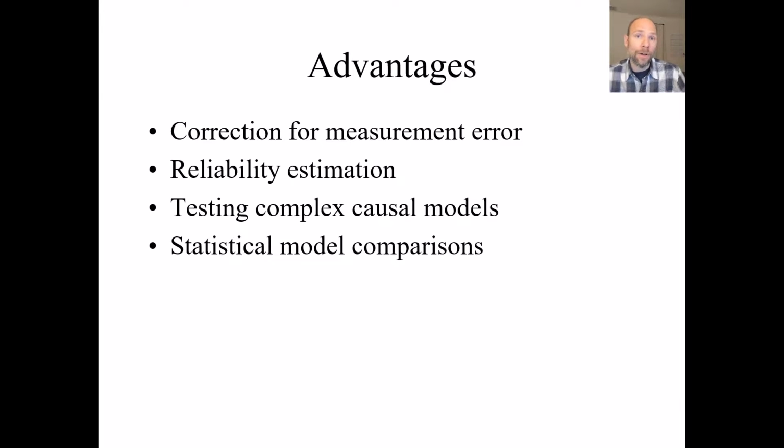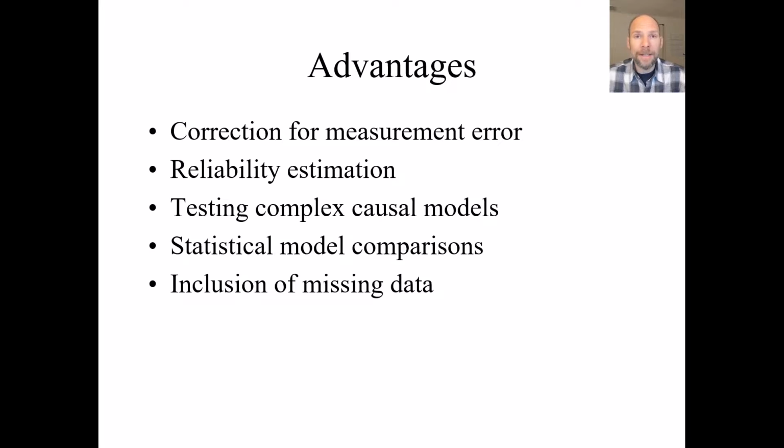We can also conduct statistical model comparisons. If we have multiple competing models, those can be compared with fit indices or fit statistics. For example, when we have nested models, we can use chi-square difference tests, and there are also other fit statistics available for non-nested model comparisons.